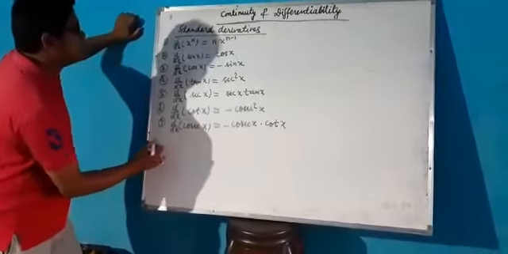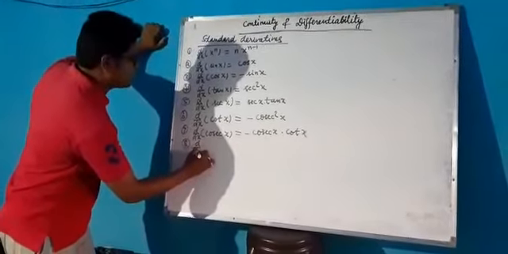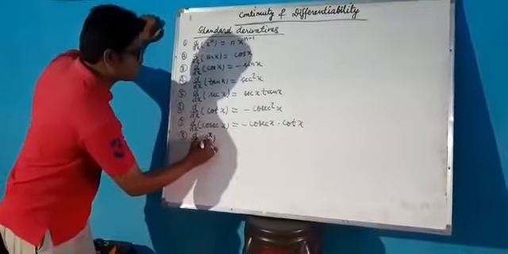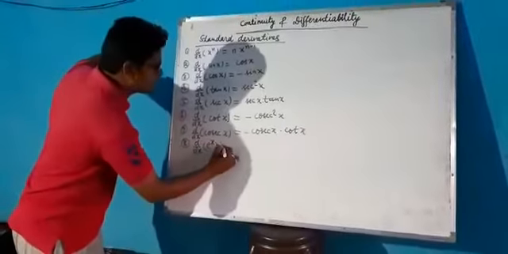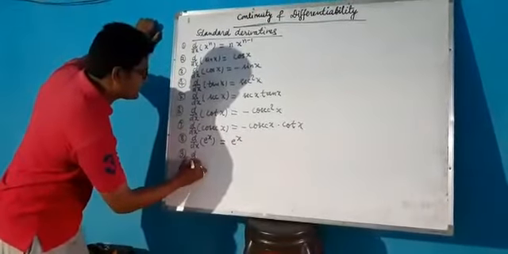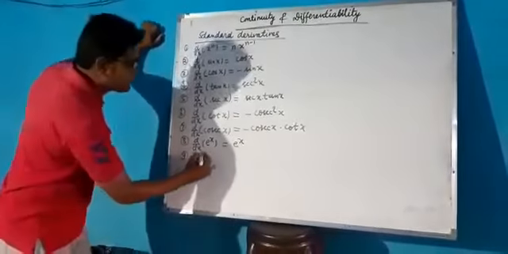Now the next one is the derivative of the exponential function of x, e to the power x. I will explain this later on also. Maybe you have proved these standard derivatives in class 11.